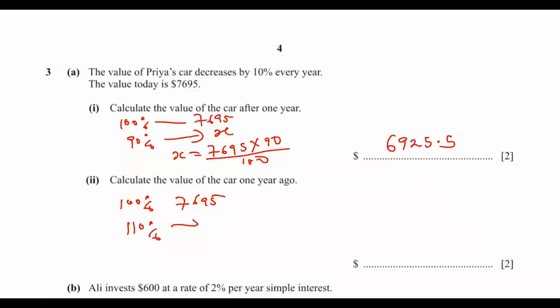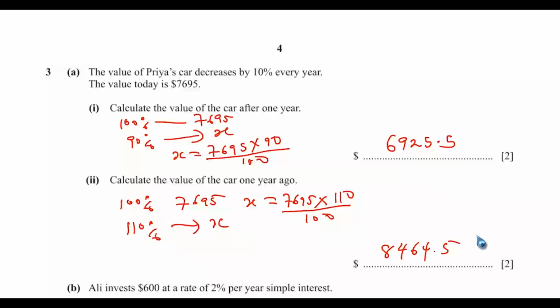Okay, so what will be the value? It will be x. So you follow the same steps here. So you're going to have the value of x to be equal to 7695 multiplied by 110, then divided by 100, and this will give you $8,464.5.